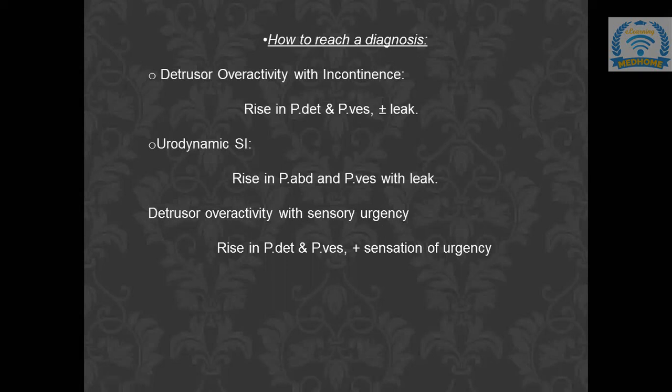The normal capacity of the bladder is between 500 to 600. If the bladder capacity decreases from this, then it is understood that it is going to be sensory urgency. It's going to be the same rise in the pressure of the detrusor muscle and the vesical pressure, along with that sensation of urgency, or there can be a decrease in the bladder capacity.